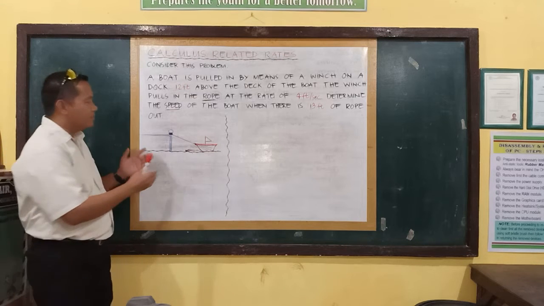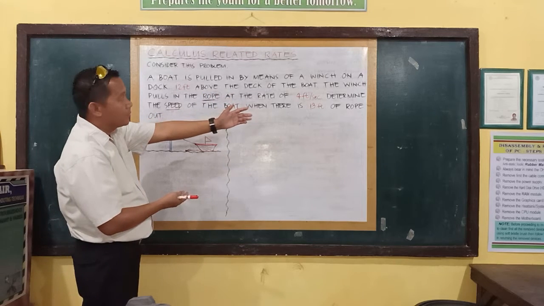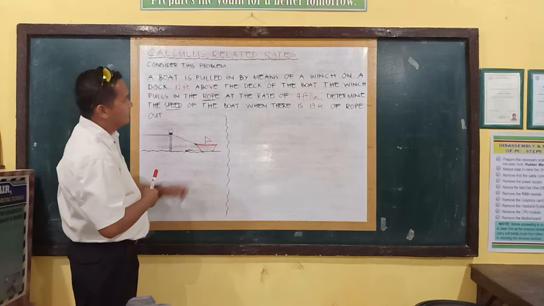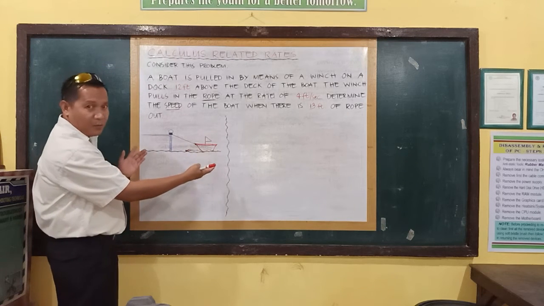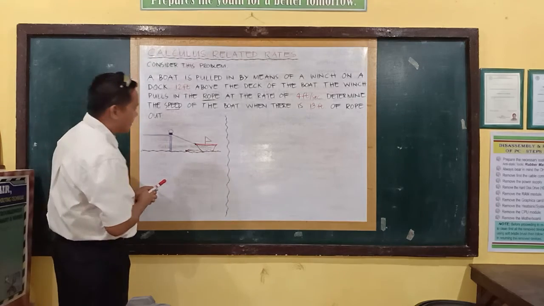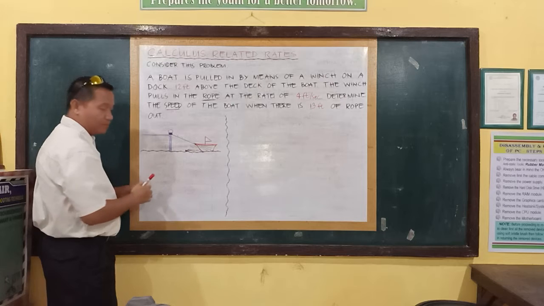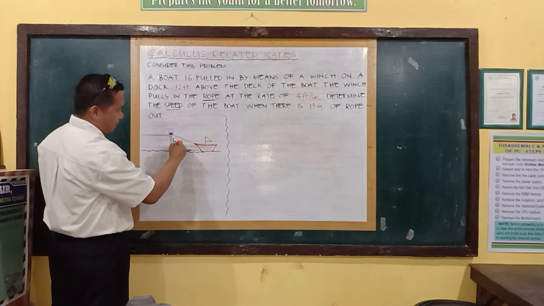So here's the basic understanding of the given problem. We're talking about the winch, the dock, the deck, and the boat. Our complete representation here represents everything. Here's the dock, which is our height.